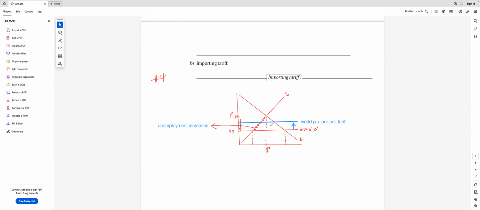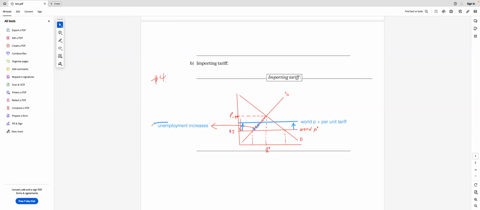If we do this, we can increase the domestic pencil price. So by doing this, domestic producers can now produce more. If they want to produce more, they hire more laborers.